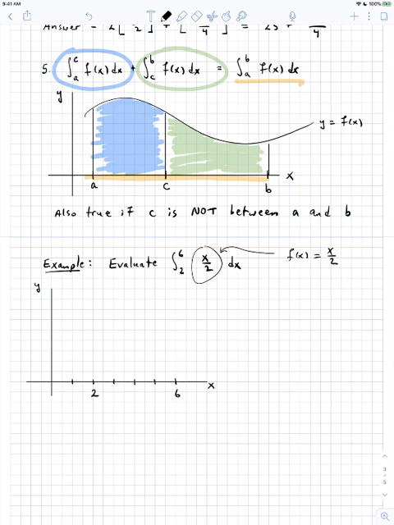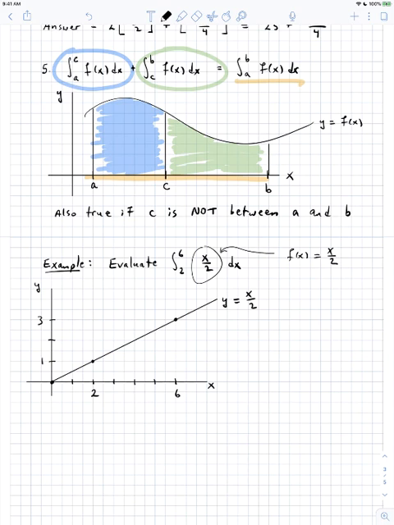Our function is x over 2, so that means it passes through the point where x is equal to 2 and y is equal to 1, and when x is equal to 6, it passes through y equals 3, which is here. It does pass through 0, 0, so we now have 3 points on this line. So it looks like this. This is y equals x over 2.